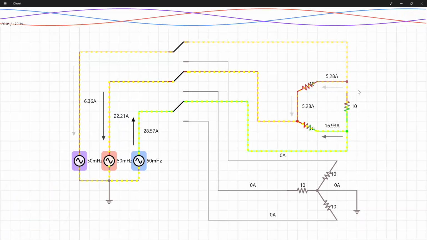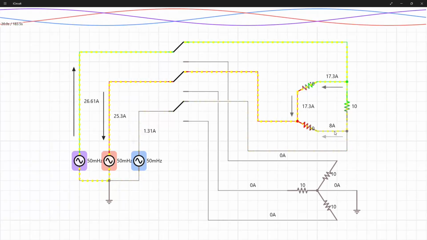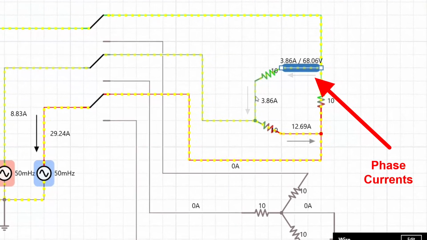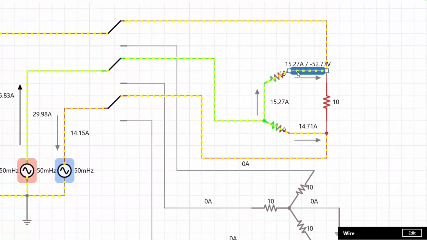Therefore, the voltage is the square root of 3 times higher than you would expect, and these lines right here show our phase currents, and these are the currents inside the coil.